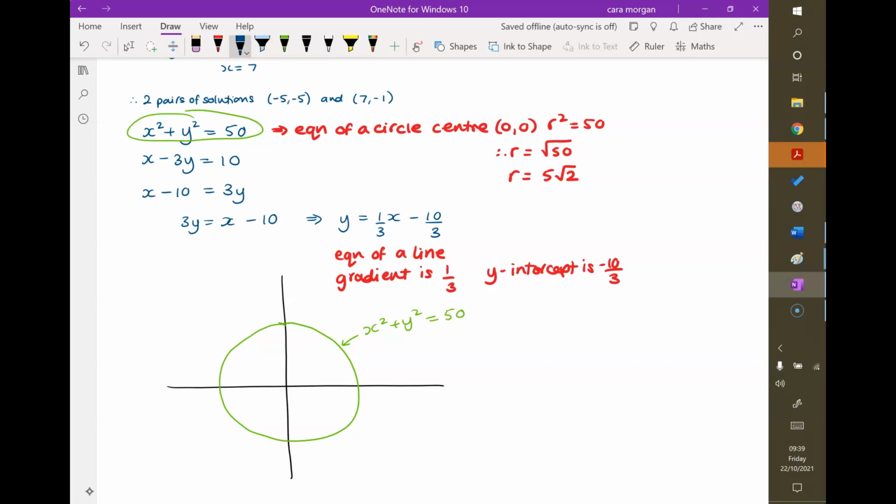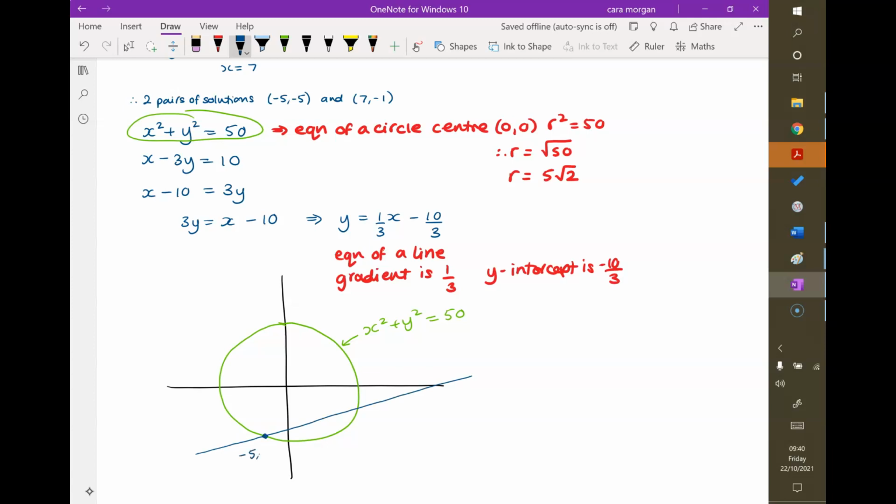Now, (-5, -5) is going to be somewhere in the bottom left quadrant, and (7, -1) is going to be somewhere in the bottom right quadrant. But if my gradient is a third and my line is going to cut through at -10/3 on the y-axis, I must have a line that cuts a circle in 2 places, and that's going to be one of my solutions.